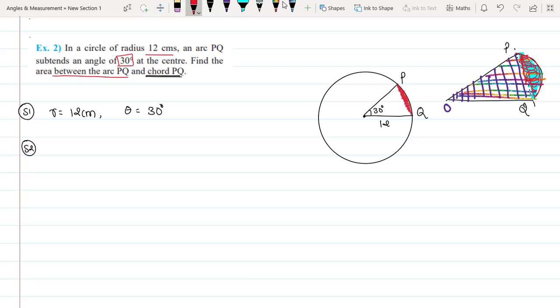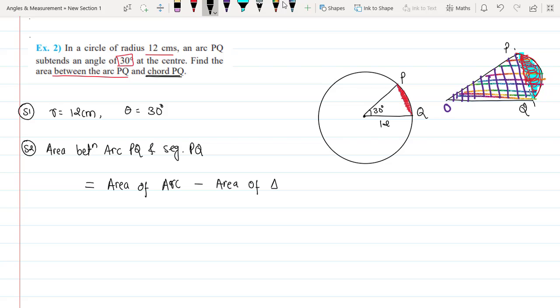So let's write here that the area between arc PQ and segment PQ is equal to area of the sector minus area of the triangle.